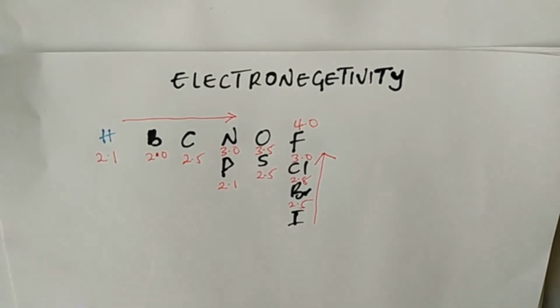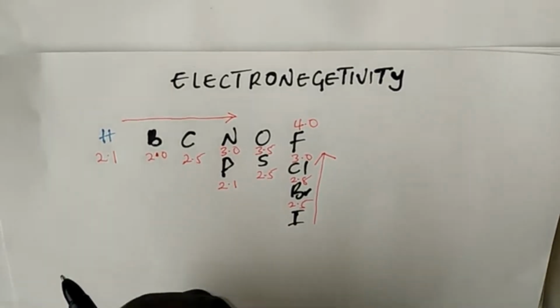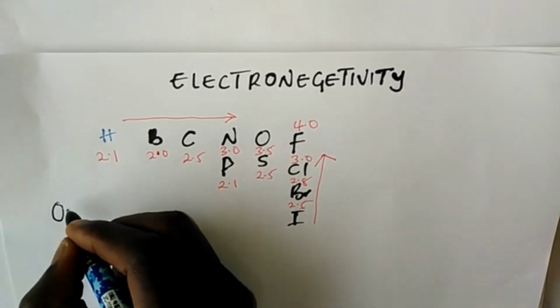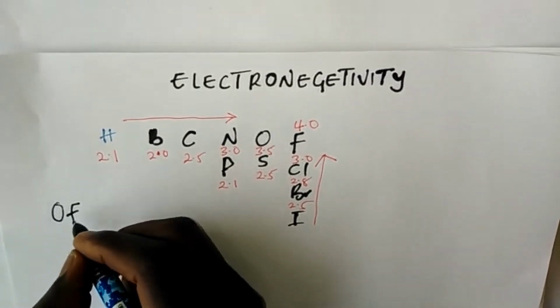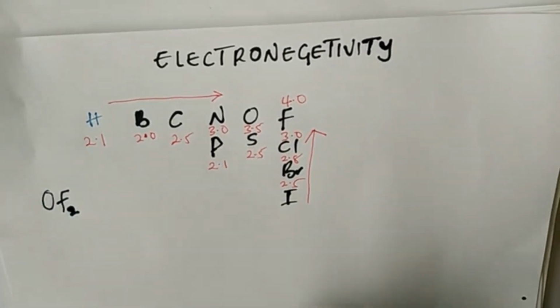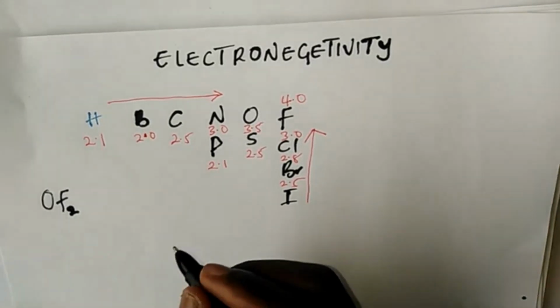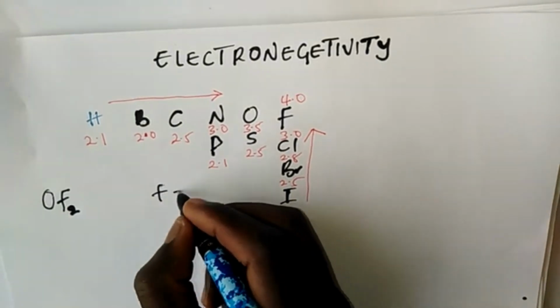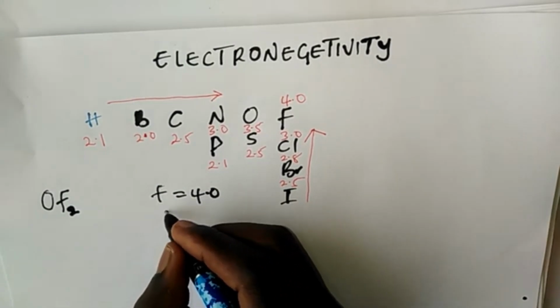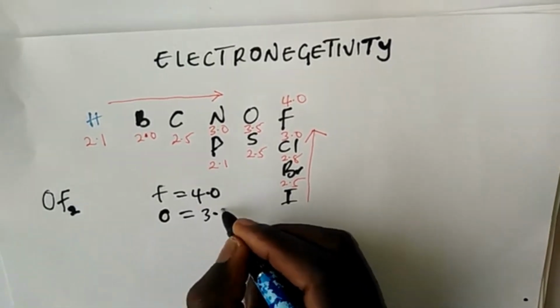Now, let's look at how this is related to the calculation of oxidation number. Take for instance, we have oxygen difluoride, right? And we are to calculate the oxidation number of this particular compound. Now we know that fluorine has an electronegativity of 4.0 and oxygen has an electronegativity of 3.5.